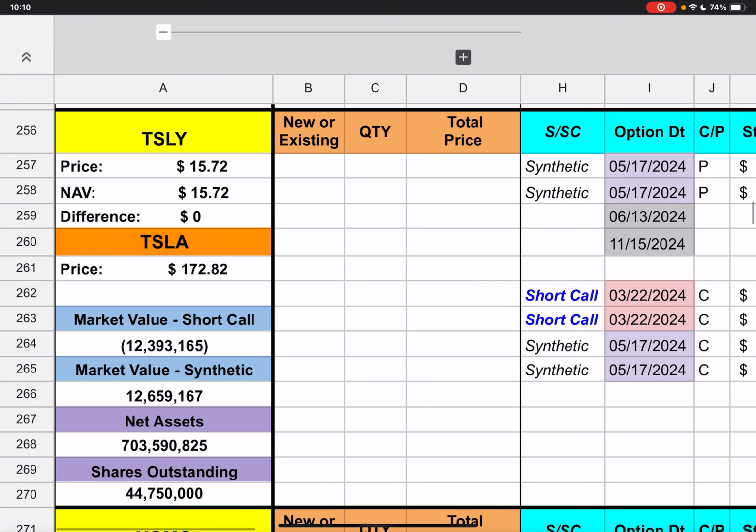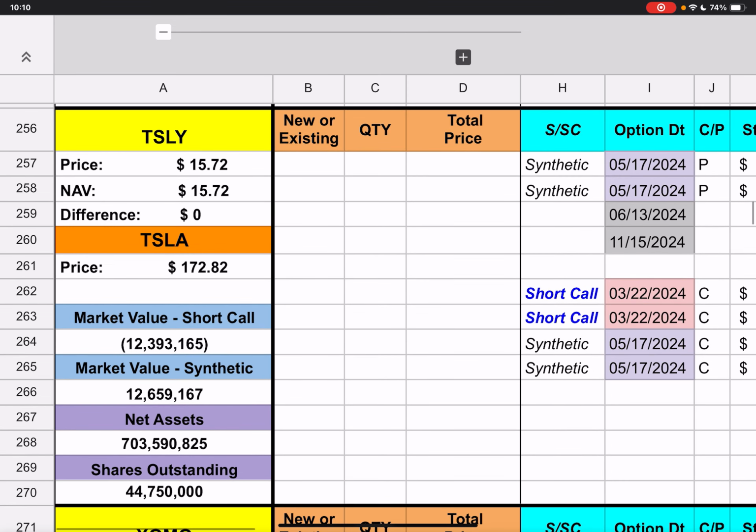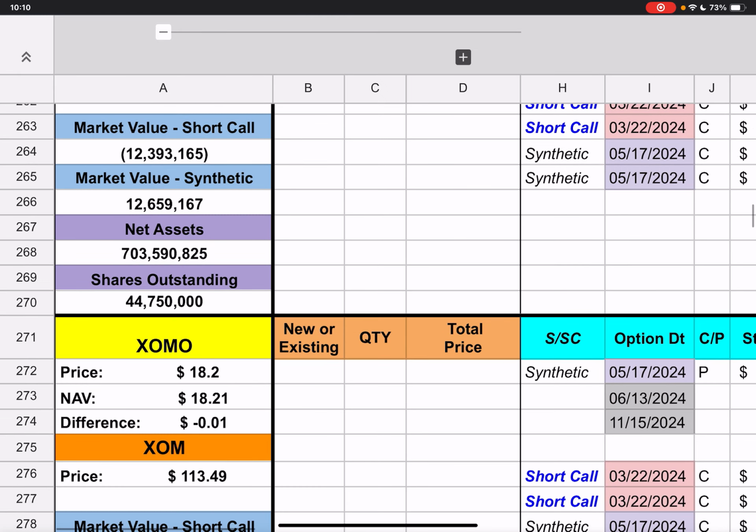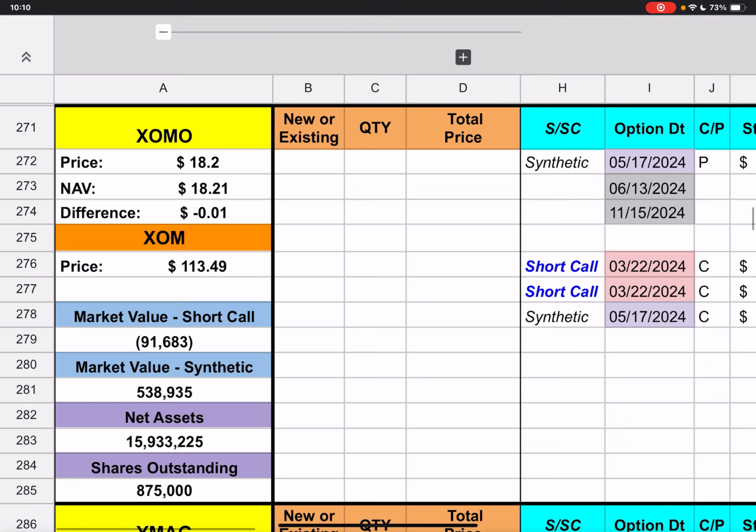So maybe it'll stay down tomorrow, and maybe next week's strikes will be a little bit higher, with the hopes that Tesla is going to go back up like it did several days this week, or it tried to do. It just didn't hold.